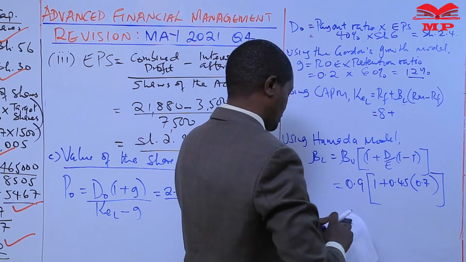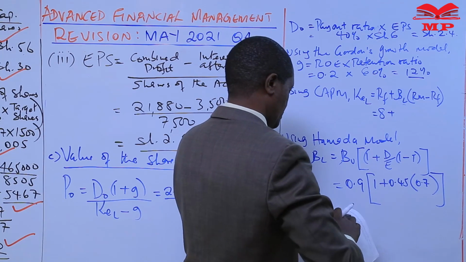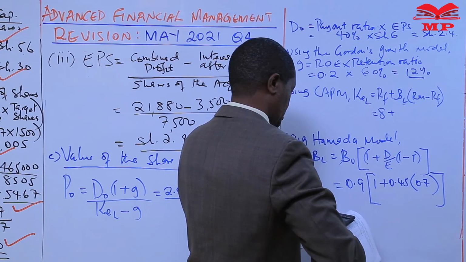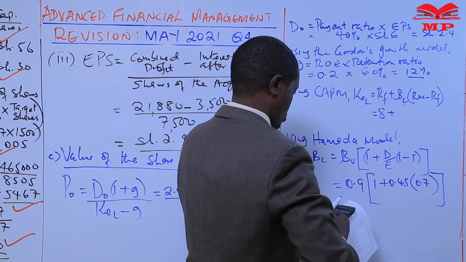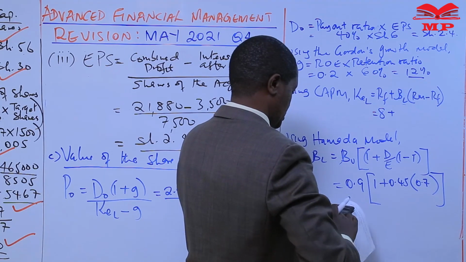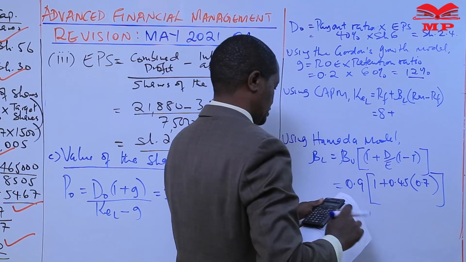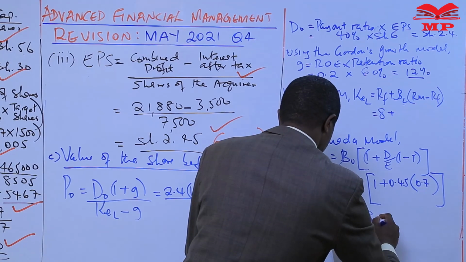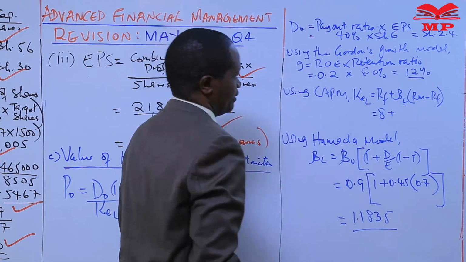So I'm going to have 0.45 times 0.7 plus 1, times 0.9. This is equal to 1.1835. This is the beta of the levered firm.